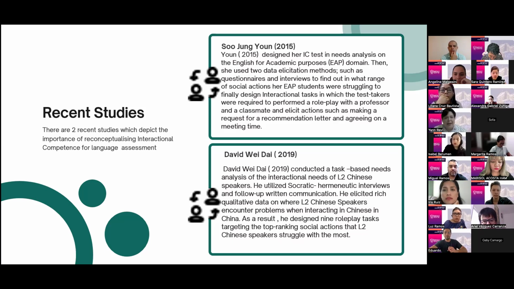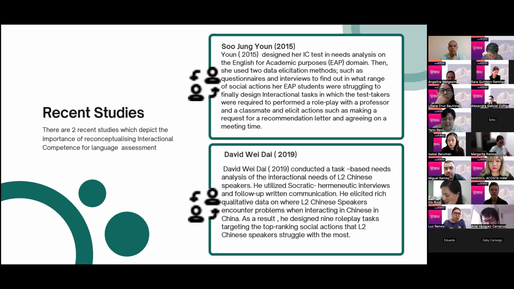The second study is based on Professor David Wade Dye in 2019. He also conducted a task-based needs analysis, which is step number one, of the interactional needs of the L2 Chinese speakers.